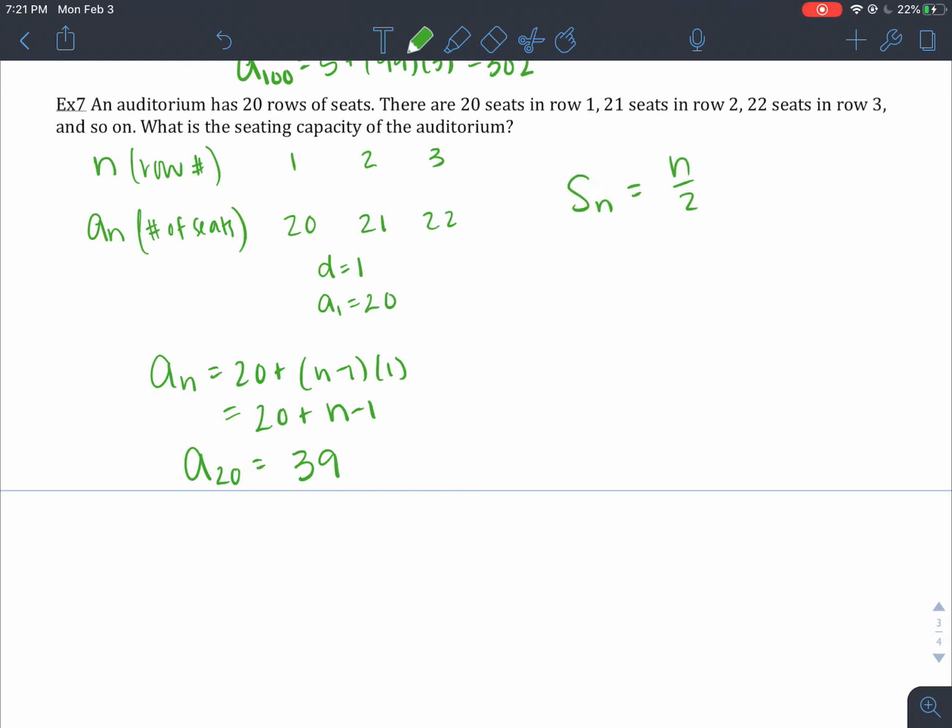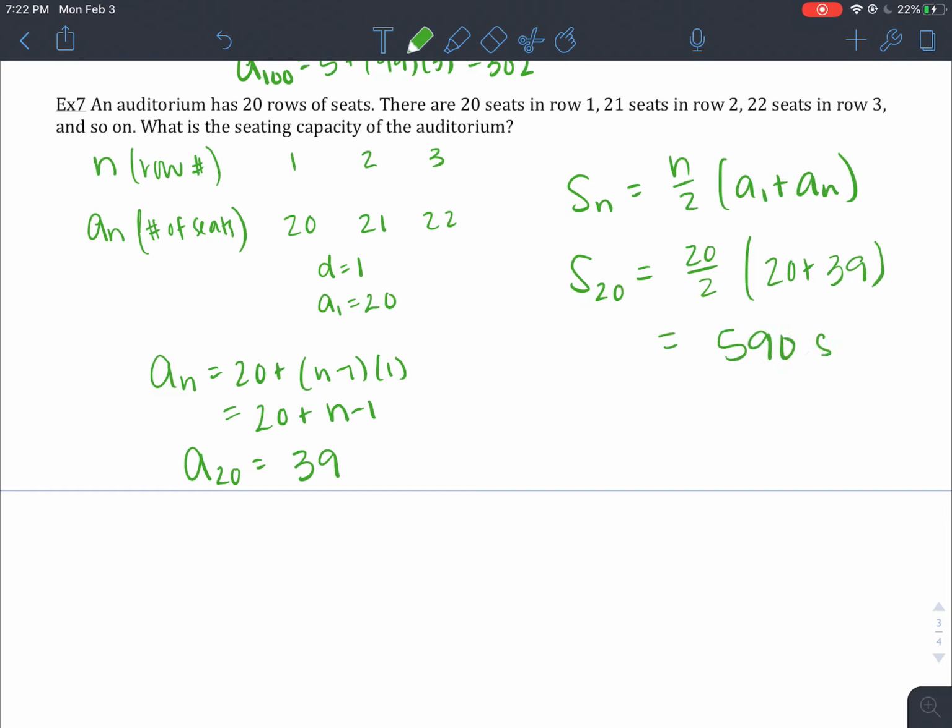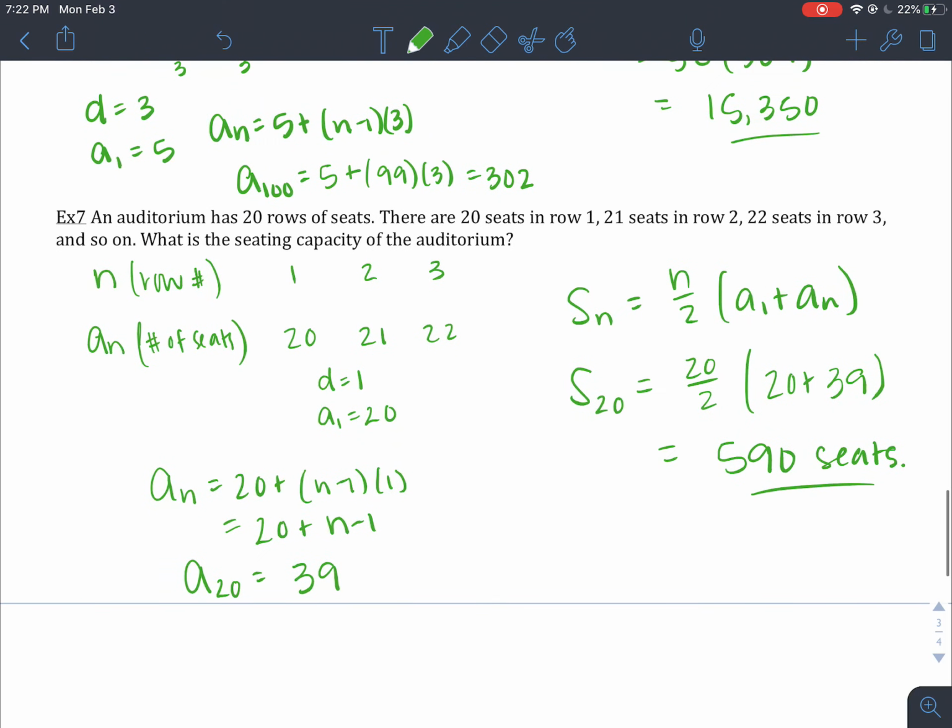So S sub n, remember that's the formula, n over 2 times a sub 1 plus a sub n. We've already derived it, so we get to use it. S sub 20 is 20 over 2 times 20 plus 39, or 590 seats.